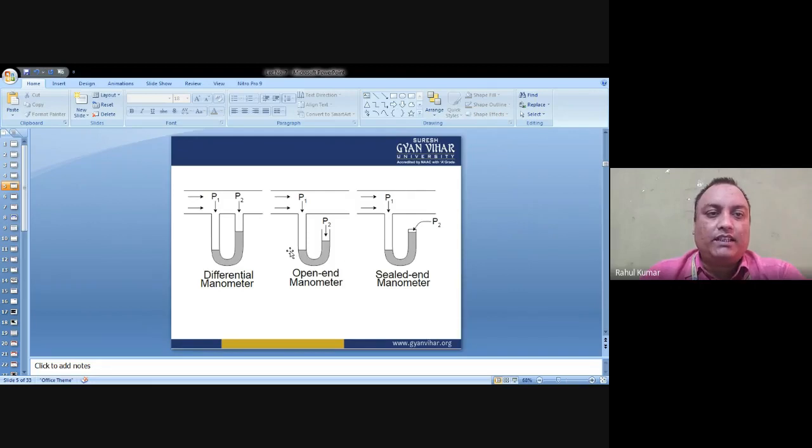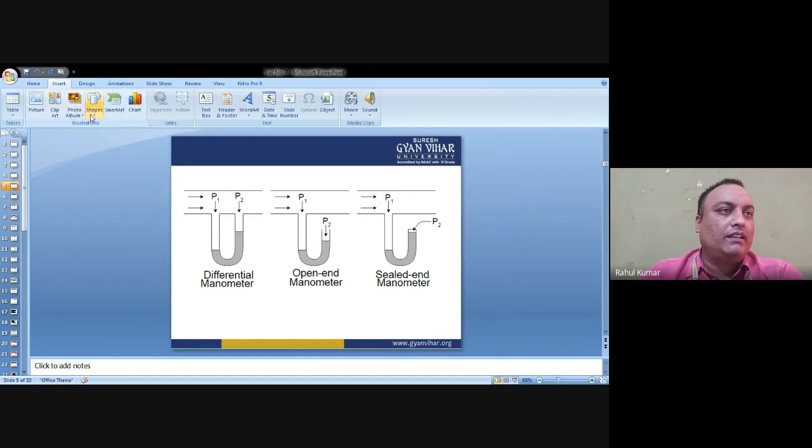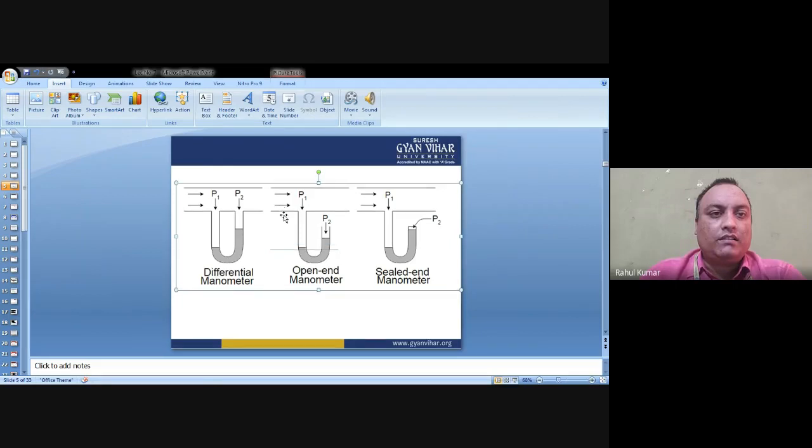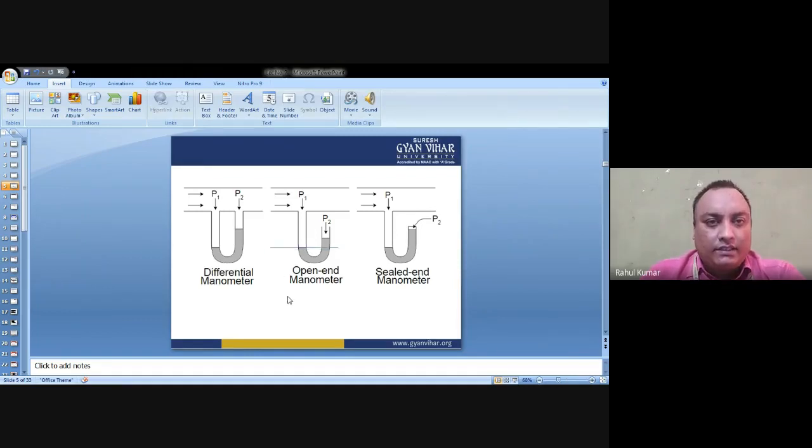Suppose this is one line. Just draw one line here, right?